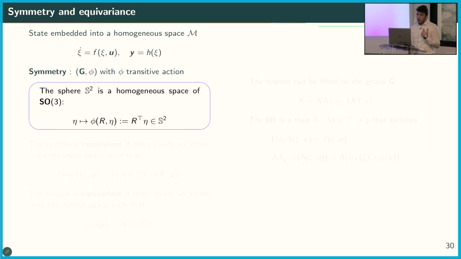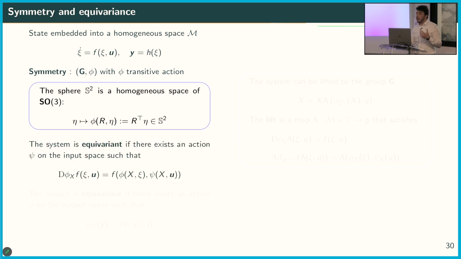And so we talk in this setting about what we call equivariance. We say that the system is equivariant if we can also find an action on the input space, not really on the state space, which is this psi action, such that this condition here is satisfied. In general, what we mean by equivariance is that if I have some point in the manifold and I transform it into another point, the dynamics will also be translated, but the input will change.